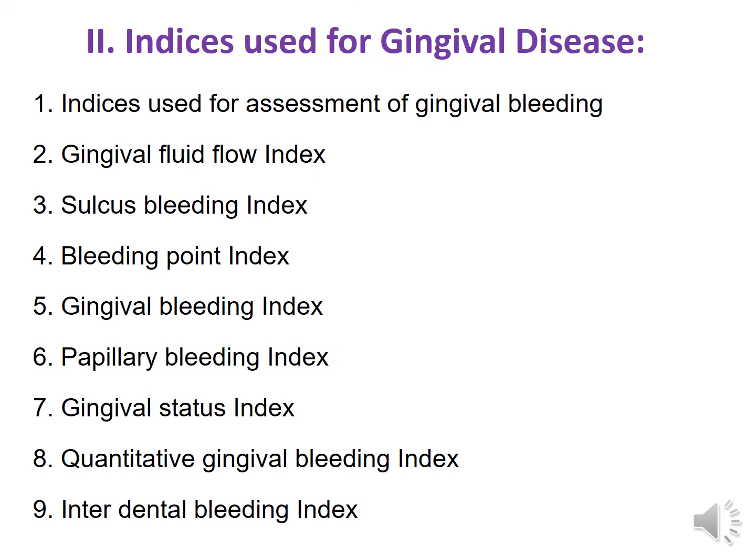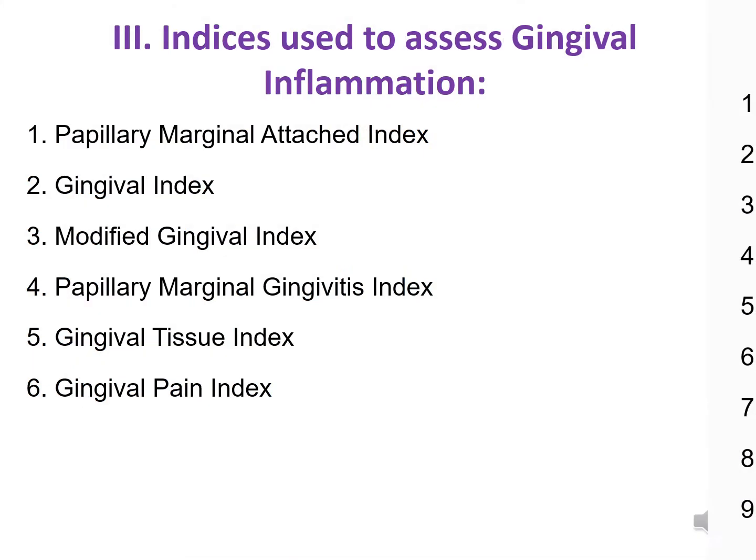Okay. Now number 2, we have indices used for gingival diseases. There are big numbers, but we use a few only. Okay, indices used for assessment of gingival bleeding: gingival fluid flow index, sulcus bleeding index, bleeding point index, gingival bleeding index, papillary bleeding index, gingival status index, quantitative gingival bleeding index, and interdental bleeding index.